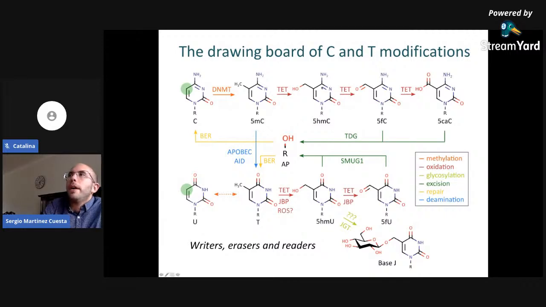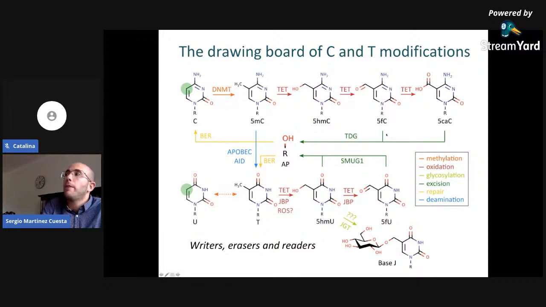You can see that you have methyltransferases, enzymes that catalyze the incorporation of a methyl within the nucleotide, and then you have enzymes that catalyze oxidation of that methyl group.